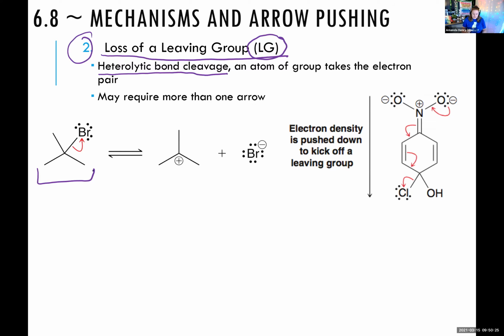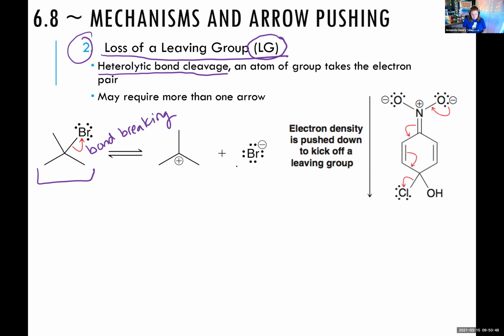That arrow is showing the bond breaking between the carbon and that bromine. The bromine is our leaving group because it's the one that's getting the electrons. So as that bond breaks, we're showing the electrons from the bond move onto that bromine.